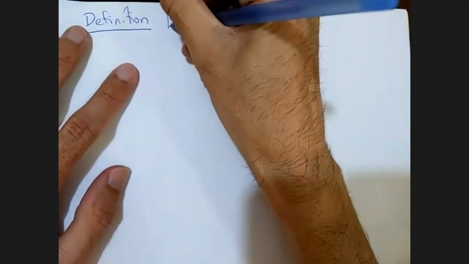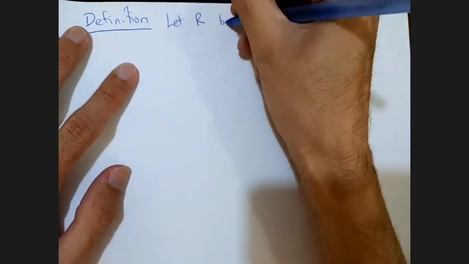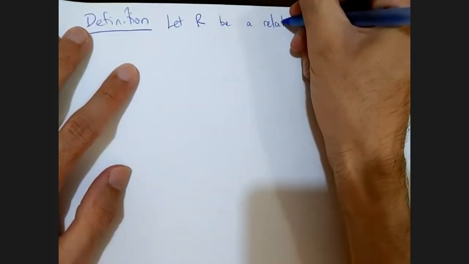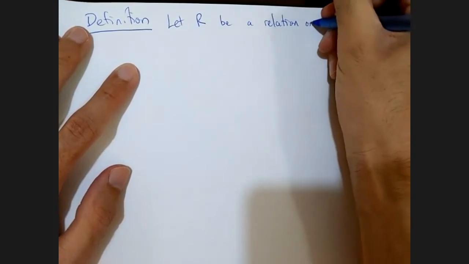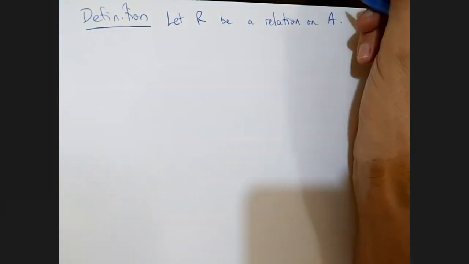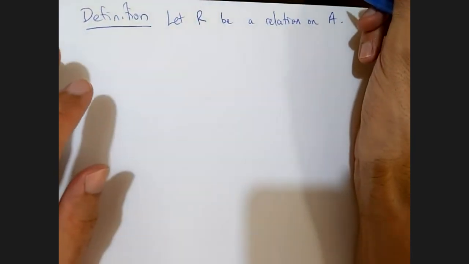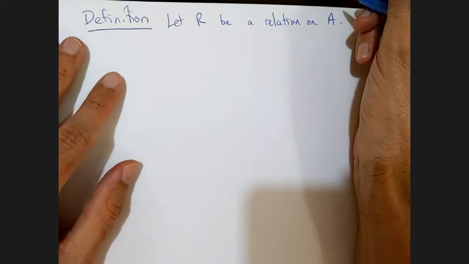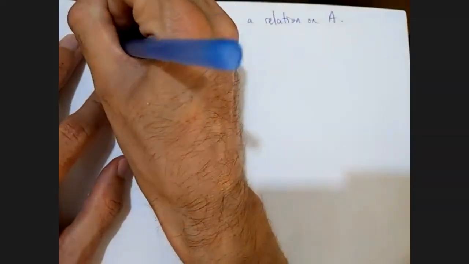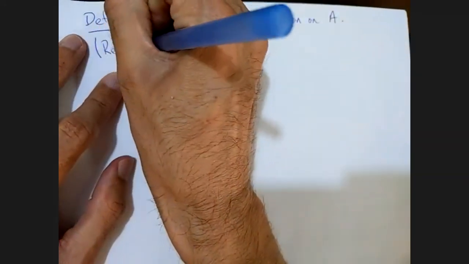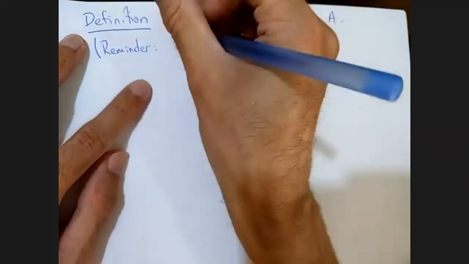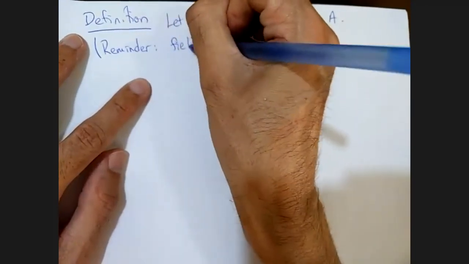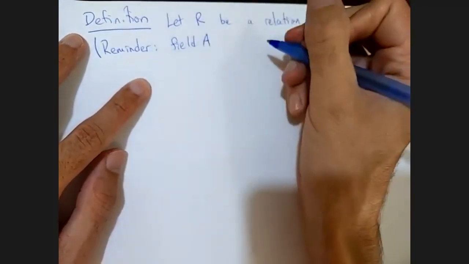Let R be a relation on A. What does that mean? Let me just remind you. That means the field of R is contained in A, and I'll remind you what that means too.